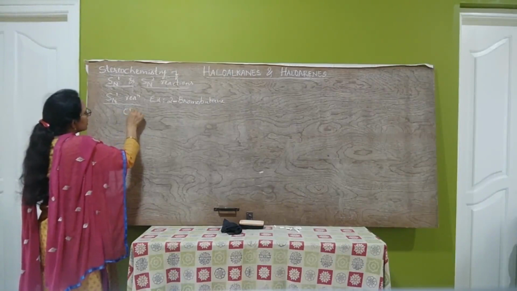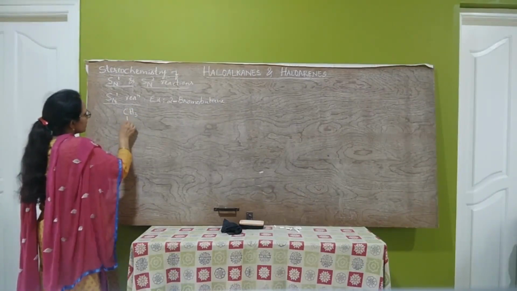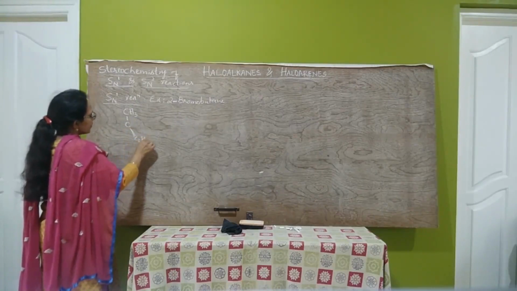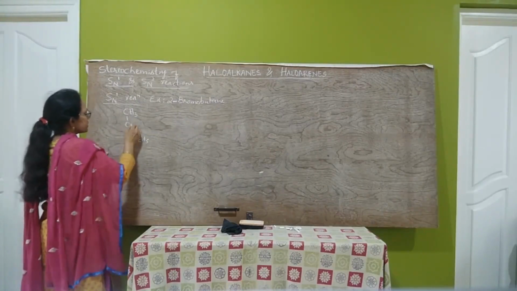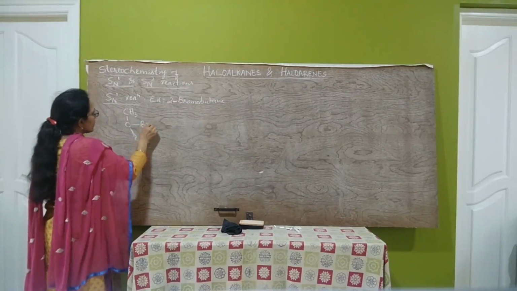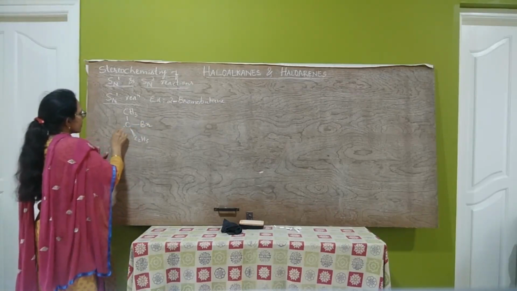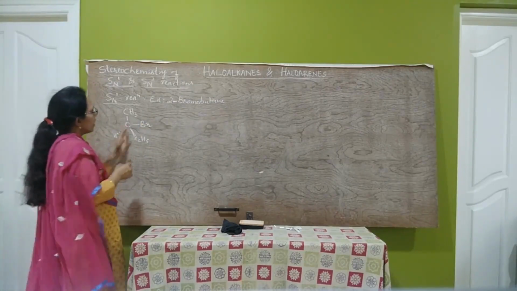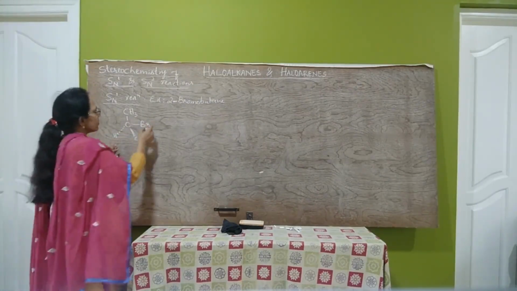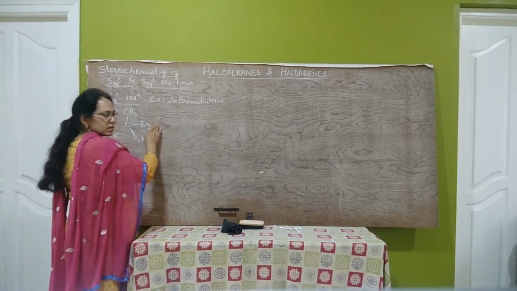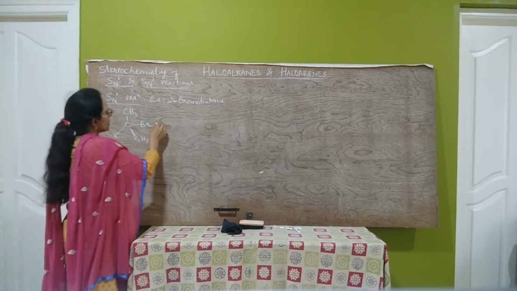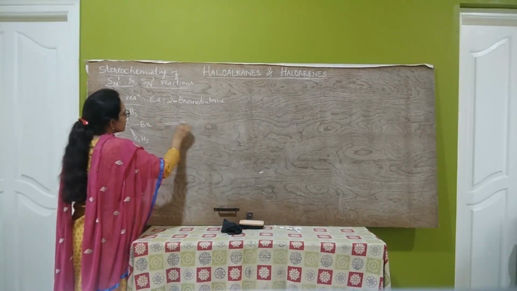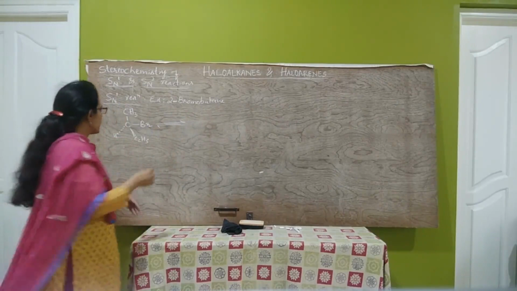That is CH3, CHBr, C2H5. So, 4 carbon atoms, that is 2-bromobutane. On heating with NaOH, it forms butan-2-ol. In the first step, it undergoes slow ionization to form a carbocation.